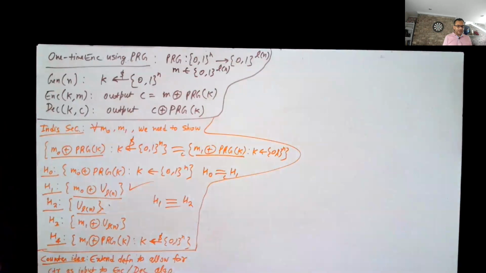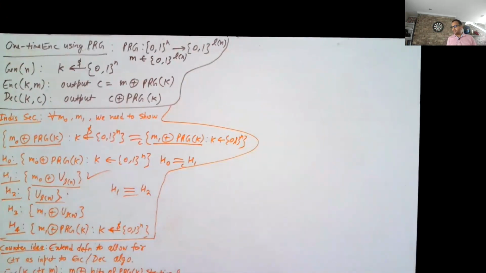And we will try to do better using a PRF. Our goal would be, using a PRF, to construct an encryption scheme which is secure for encrypting multiple messages. But our definition so far only talks about encrypting a single message.